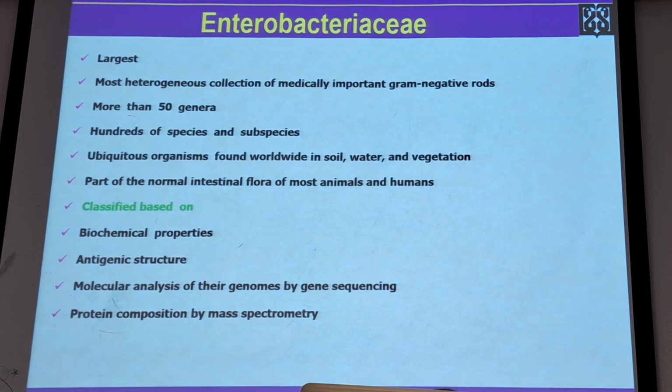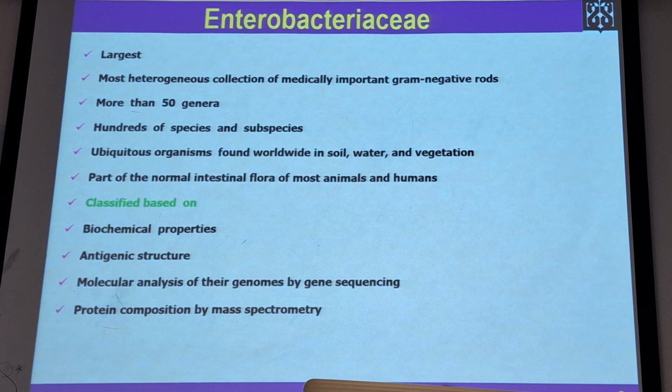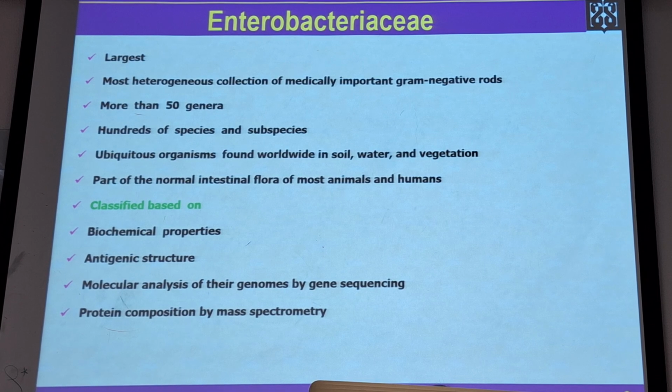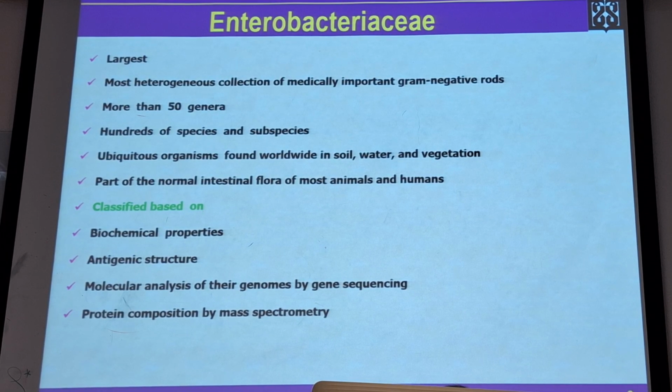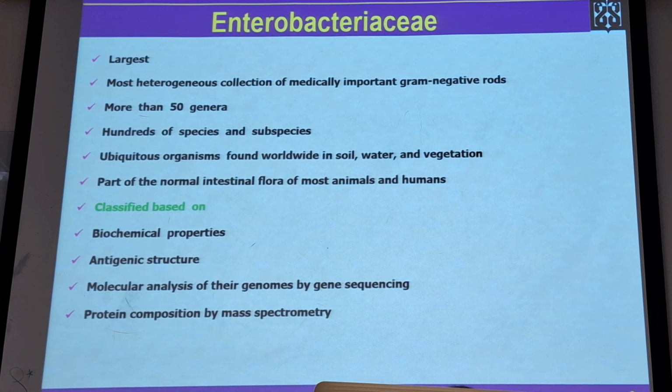Enterobacteriaceae are ubiquitous organisms found in soil, water, and vegetation. Members of Enterobacteriaceae are part of the normal intestinal flora of most animals and humans.